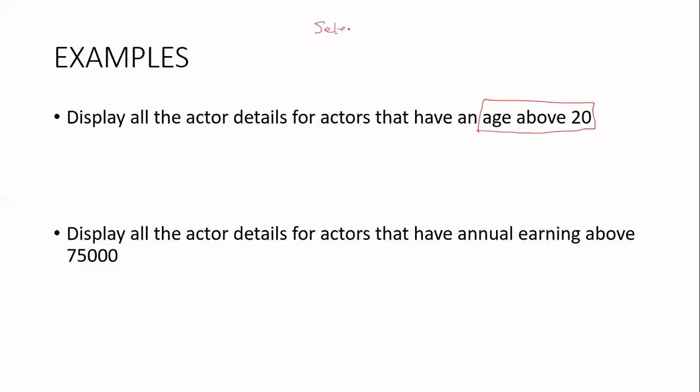We would say select star from TBL actors. This was explained in my previous video using the select from. But I don't just want all the actor details. I want only those actors that have an age above 20.